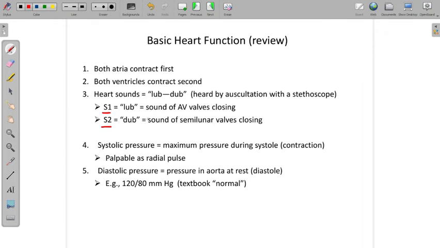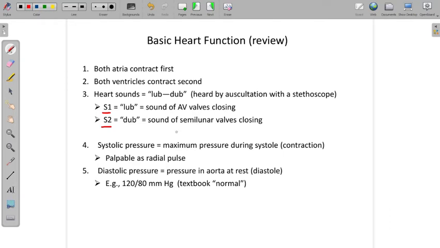So that when the heart relaxes, those valves snap shut, creating turbulence that you hear, and that prevents blood from flowing back down through the aorta or the pulmonary trunk back into the ventricle. We want it to keep going in one direction. So it's the sound of the valves closing. AV valves first, semilunar valves second, and then it goes into rest.